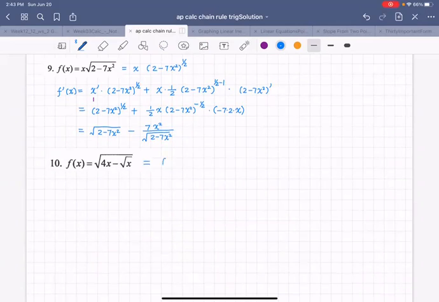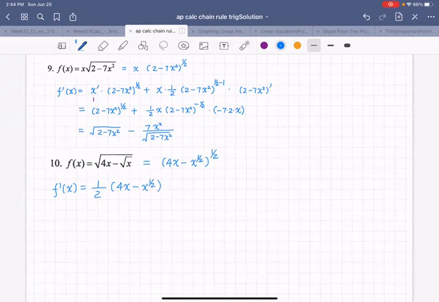We can write this first as x to the power of 1/2, and then that to the power of 1/2. So f prime of x equals, you have to differentiate the first one, the 1/2, the entire thing first. 1/2, right? And then 4x minus x to the power 1/2.